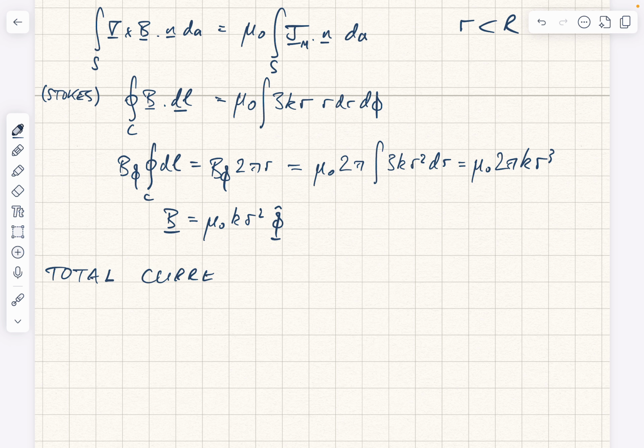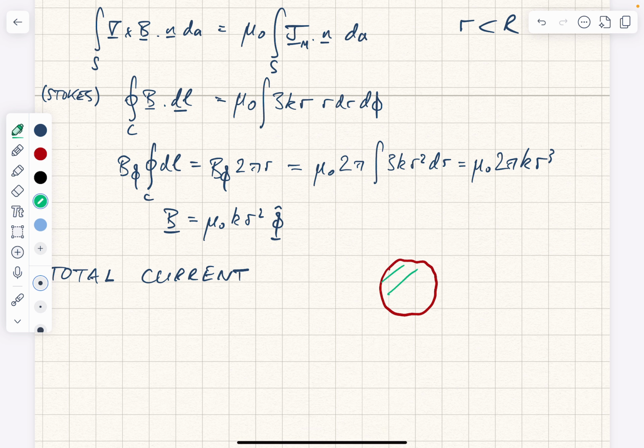And let me just draw that to make it clear what's happening. So I'm going to draw a circle. So we're looking along the z-axis now. So this is looking along z.